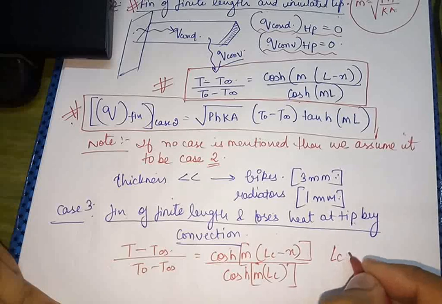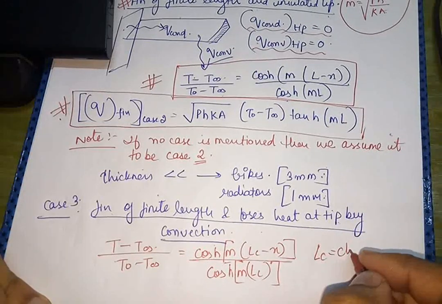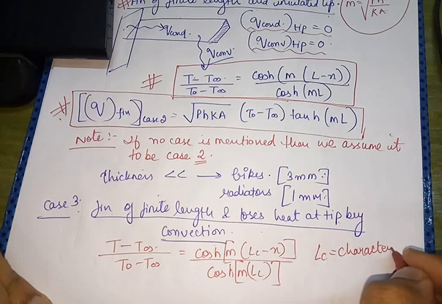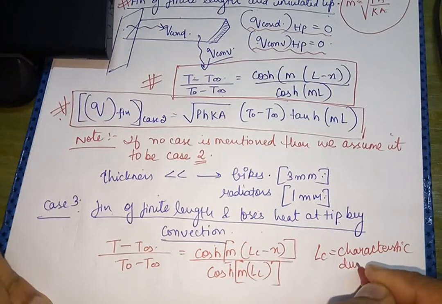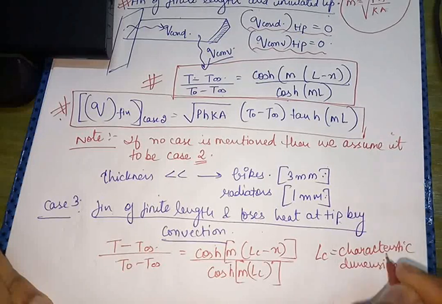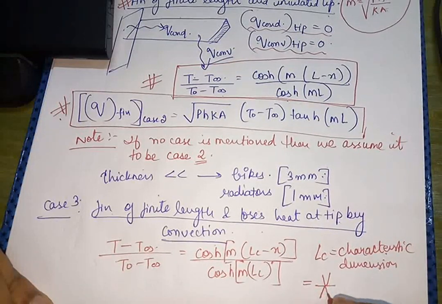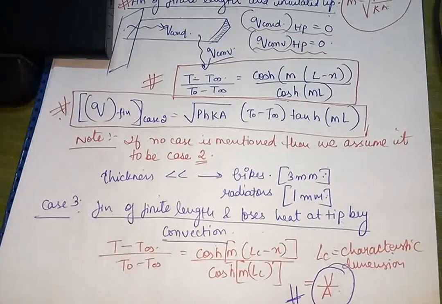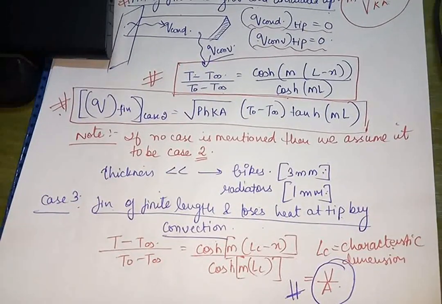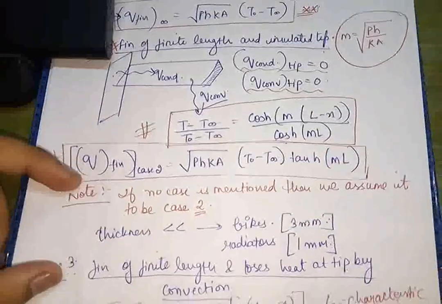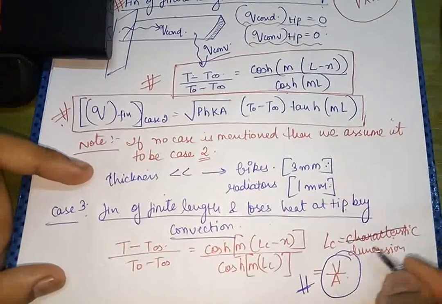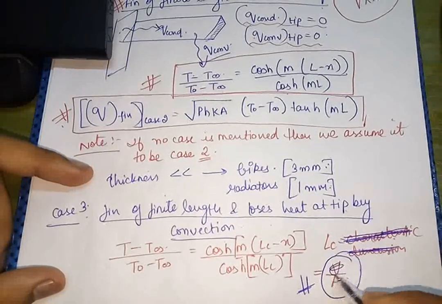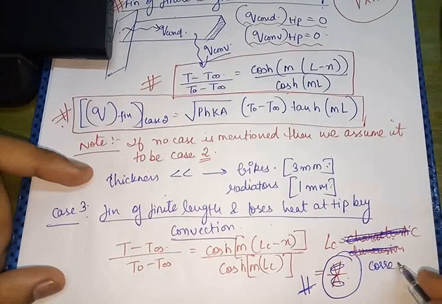Okay, now this Lc is nothing but the characteristic dimension, equal to volume upon area. Oh, I am so sorry. This Lc is not the characteristic dimension. Characteristic dimension was L. This Lc is actually the corrected length.